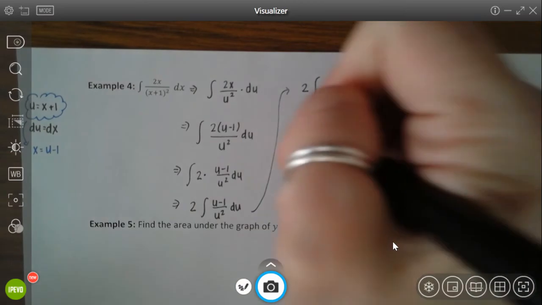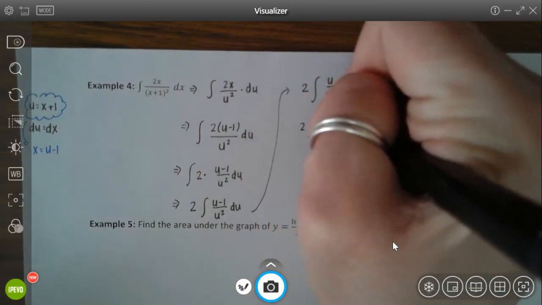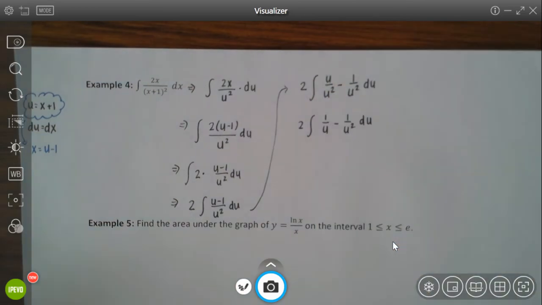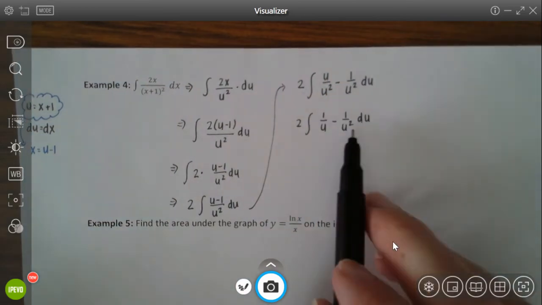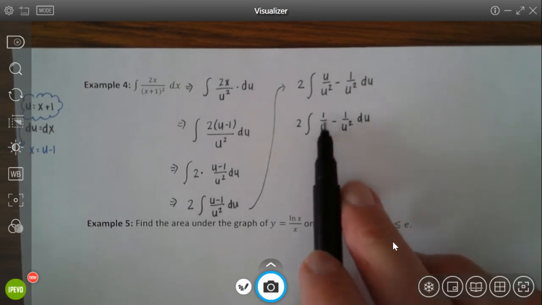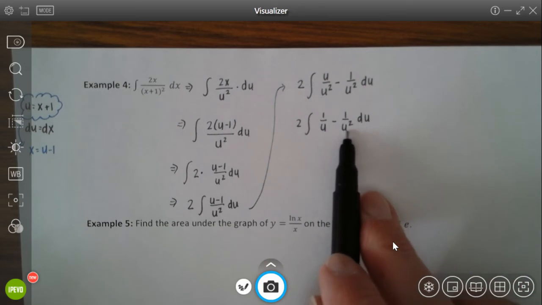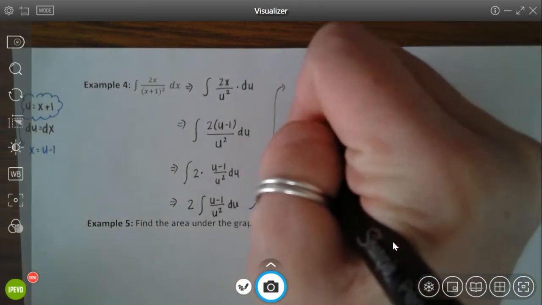I'll simplify that. So that's going to give me 2 times the integral of 1 over u minus 1 over u squared du. I know that this is going to give me the natural log stuff because that's my 1 over u. And here, I would rewrite that as u to the negative 2, so I can apply my power rule to that.